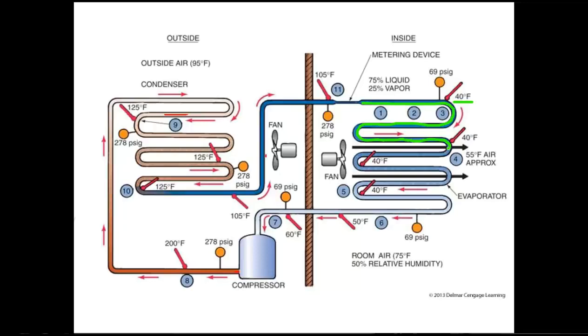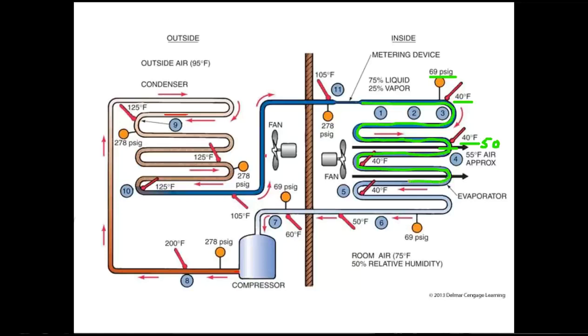And at this point, we're at about 50-50: 50% vapor, 50% liquid, and we are still at 69 psig and still at 40 degrees Fahrenheit because we're still at that saturation point. Remember, any heat that's picked up is not measurable when we're at the saturation point. It changes the state of the refrigerant. So it's changing state from liquid to vapor as we move through the evaporator coil, and it's sucking the heat out of the indoor air.